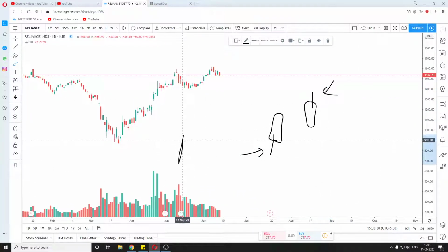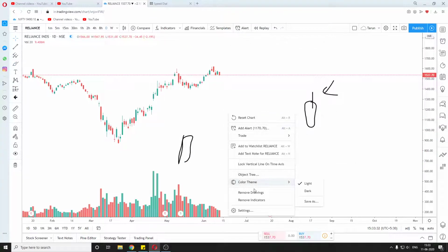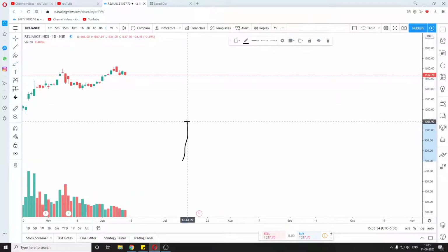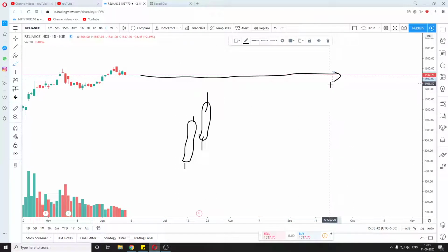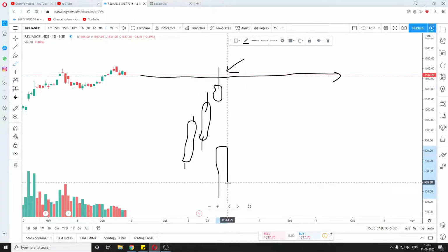So for example, if the price is moving up, and let's say at this point there is some resistance that we have identified from our support and resistance analysis, and at this point we get a candle like this, which has a narrow spread and a top wick, and it also has a big volume.